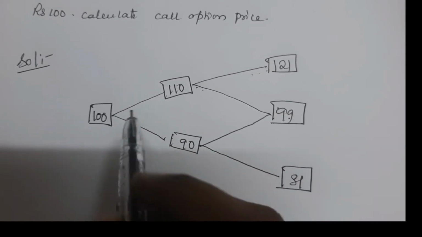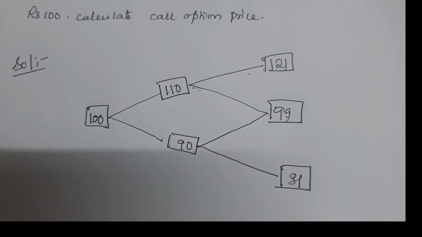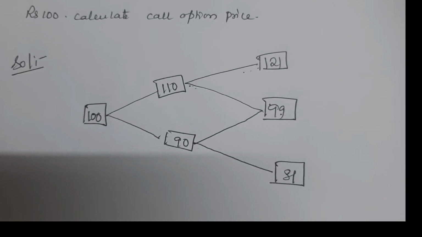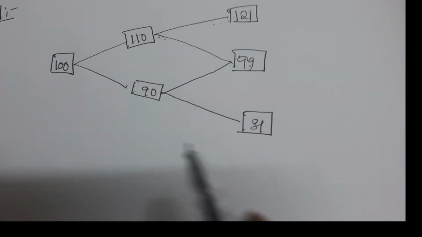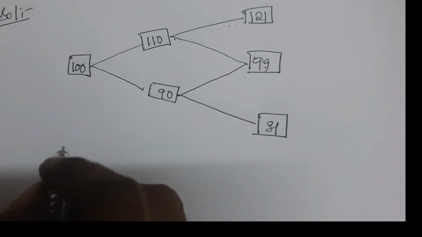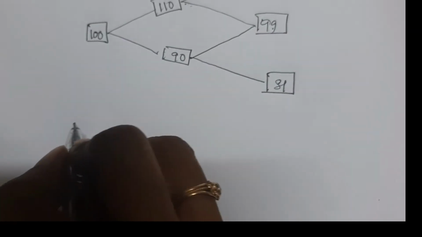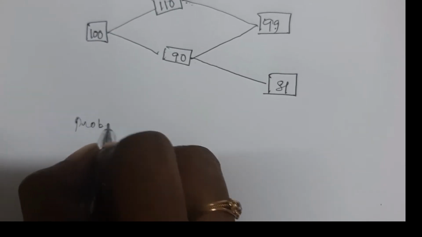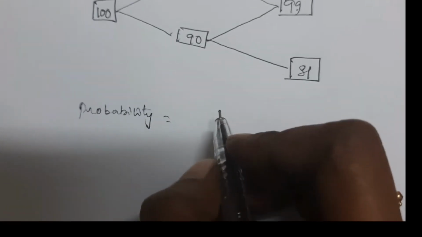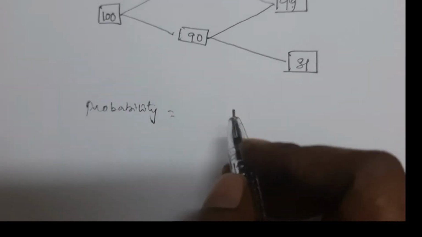So initially we need to draw this sequence of price movements. Then we need to calculate the probability. We all know probability is the chance of occurrence of an event.